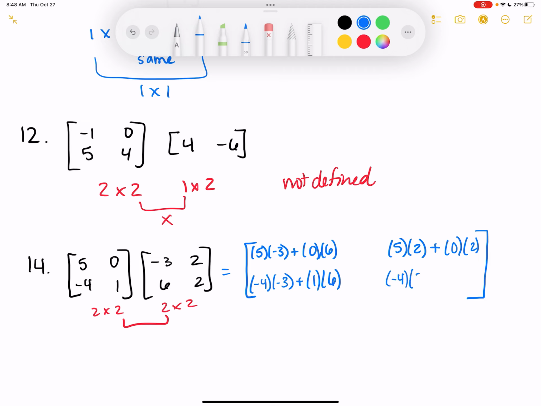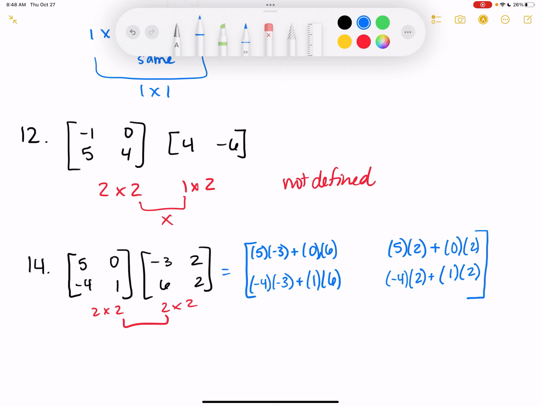Yep. Plus 1 times 2. Yep. And you can always make sure again because the second term in each thing should line up. So if they don't line up, something's wrong. And then the first terms in each of the rows for each of the terms should be the same. So that's another thing you can check.